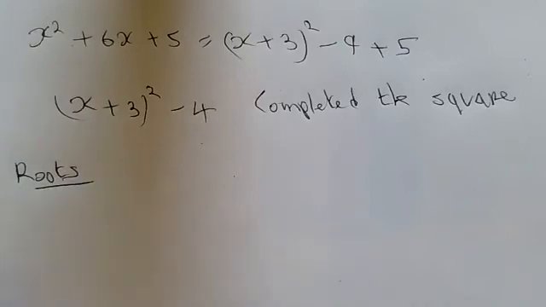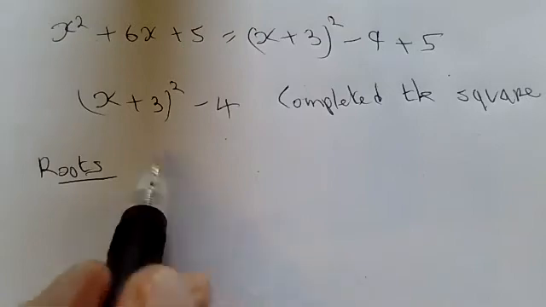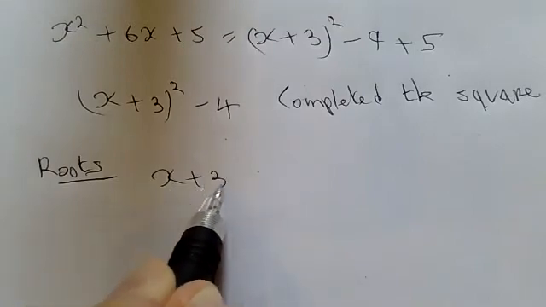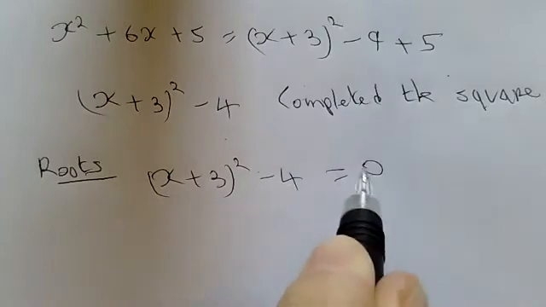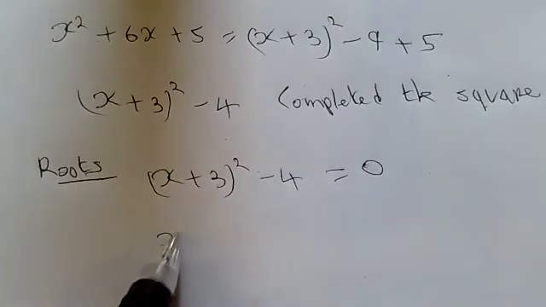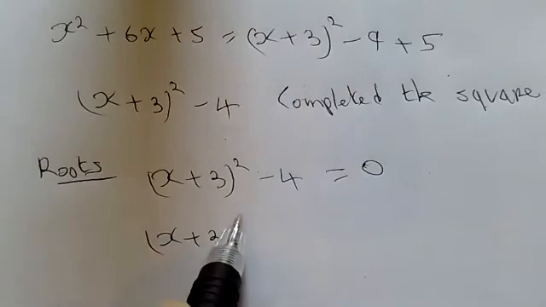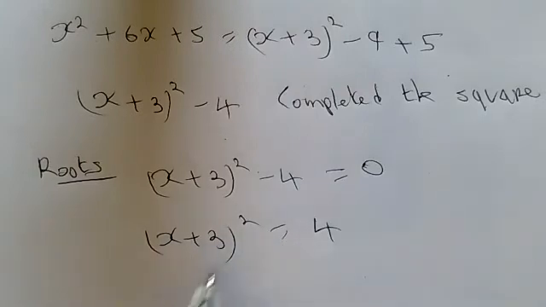Okay, so I want to find the roots. So I'll write down x plus 3 squared minus 4 equals 0. And that would mean that x plus 3 squared would be 4. I can take the square root.